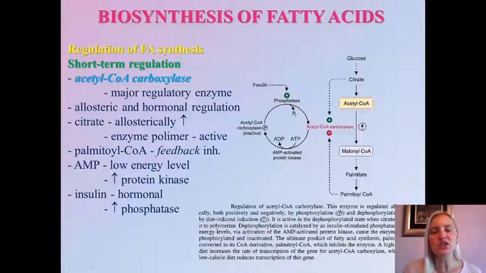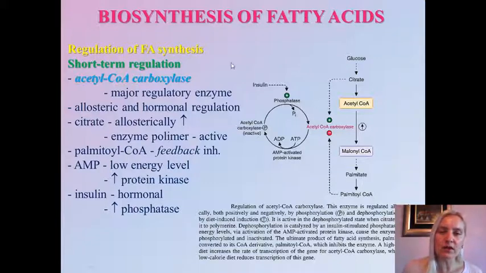So energy deficiency in a cell, manifested by increased levels of AMP, is going to inactivate acetyl coenzyme A carboxylase, thus inhibiting fatty acid synthesis and promoting their beta oxidation.